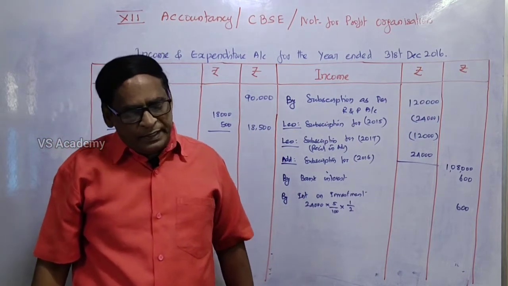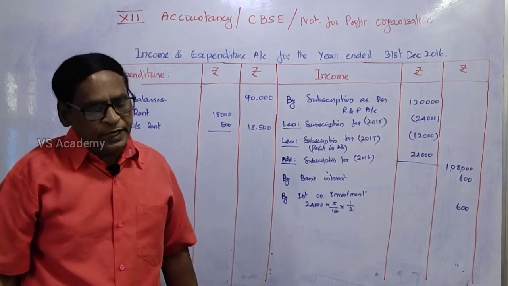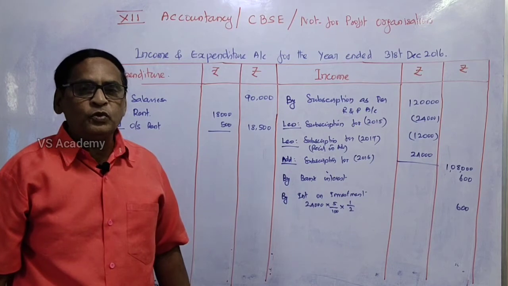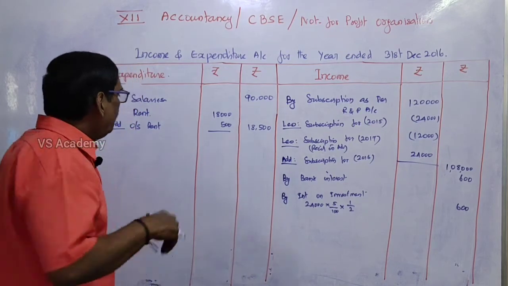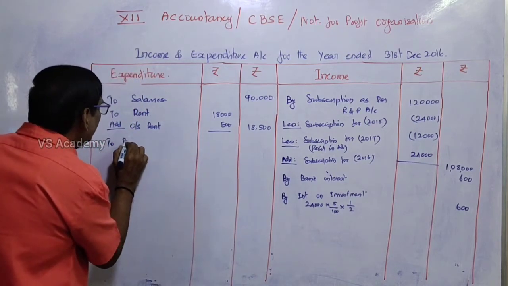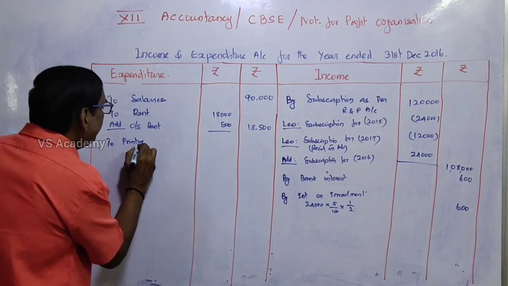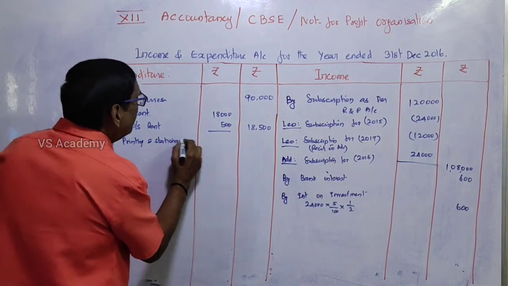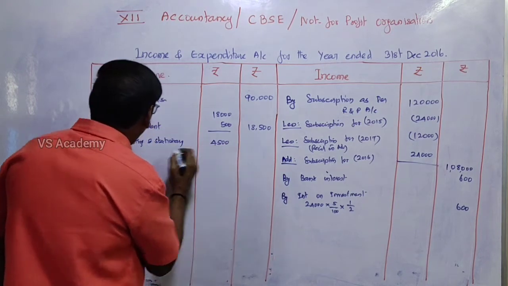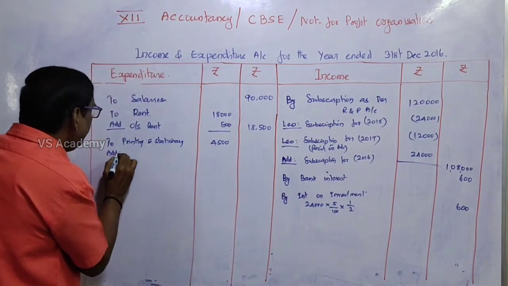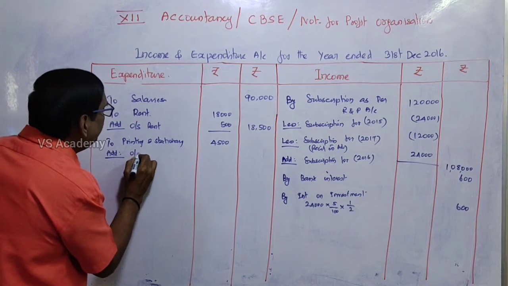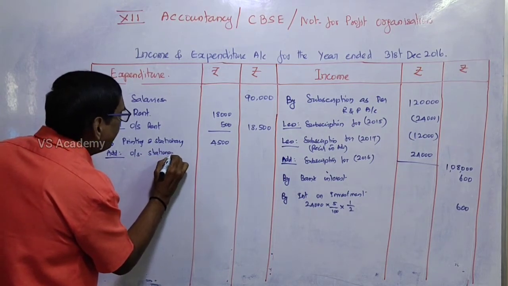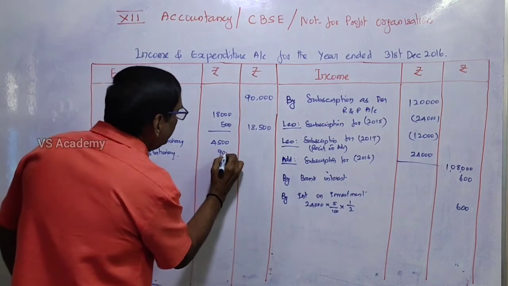And then printing and stationery, there is also an outstanding for 900 rupees. As per receipts and payments account it is 4,500. So to printing and stationery 4,500, add outstanding printing and stationery 900 rupees.